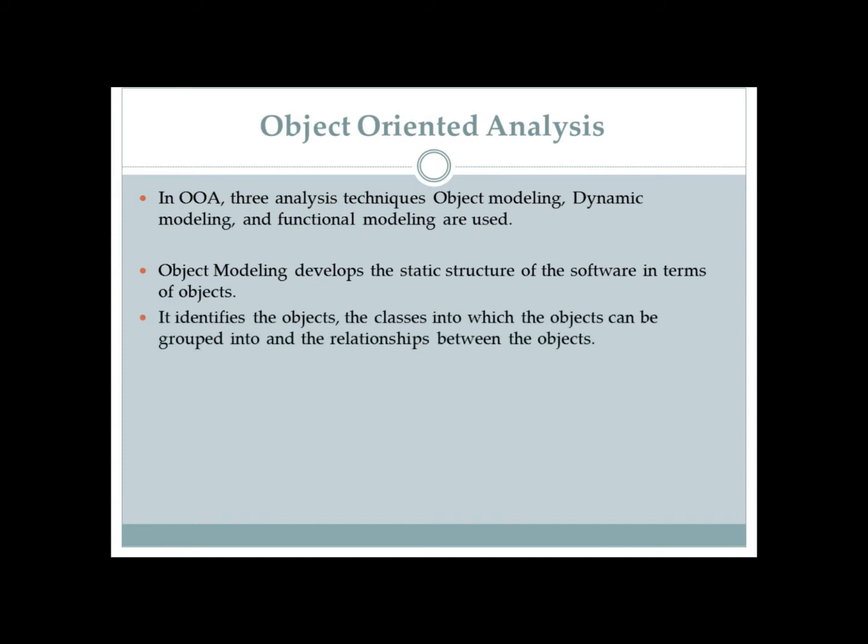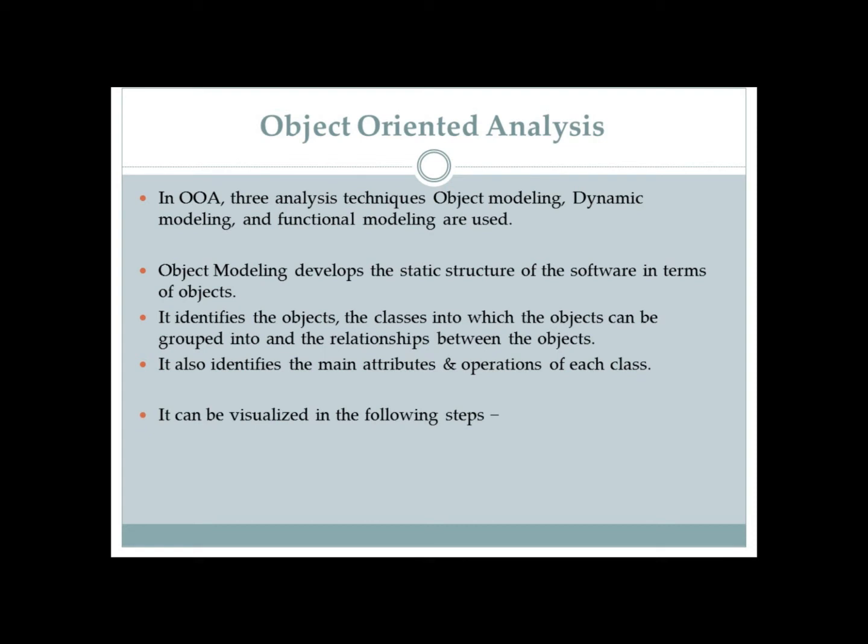This technique helps in identifying the objects, the classes into which the objects can be grouped, and the relationships between the objects. This is the important task of the object modeling technique. This technique also identifies the main attributes and operations of each class which is part of the software.